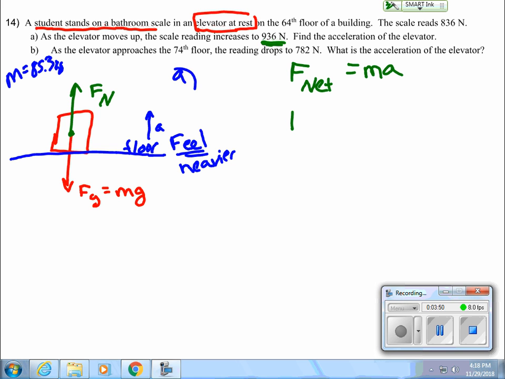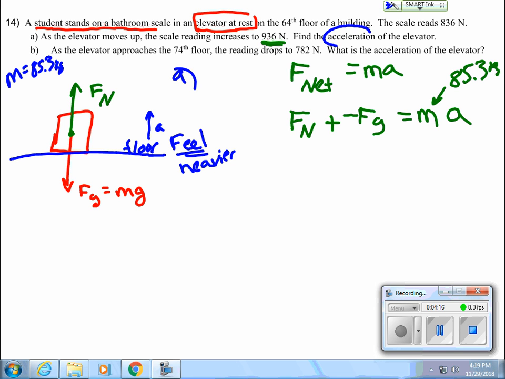I'm going to have normal force, which fluctuates a little in an elevator, plus minus the force of gravity. That's your weight that was given to us. And this human body's mass we found was 85.3 kilograms, and it is going to accelerate. We're trying to find a.